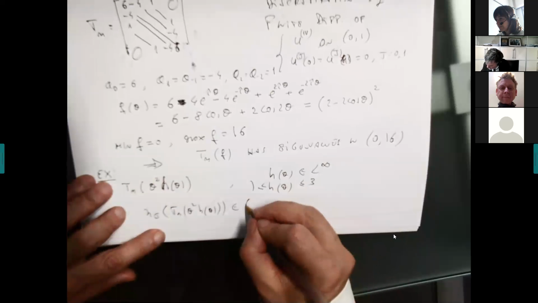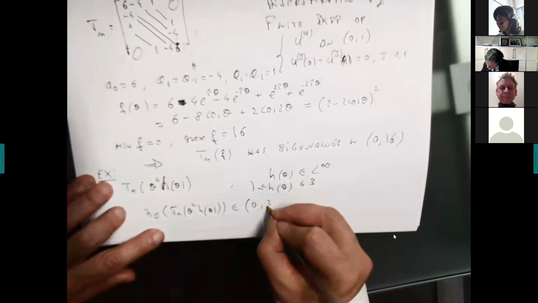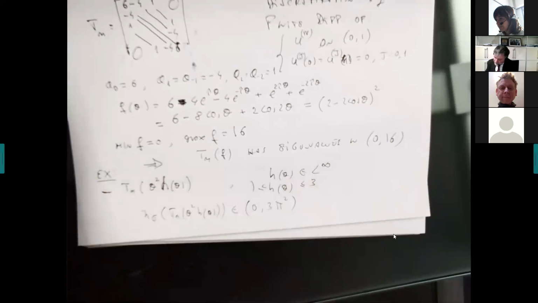So they belong to (0, 3 times pi square). And also in this case, by other tools, it is almost impossible to analyze the spectrum. So the fact that Tn f obeys the sign of f is very important.